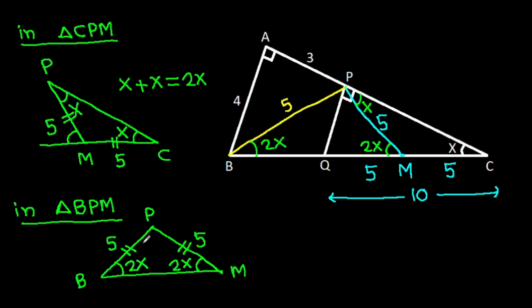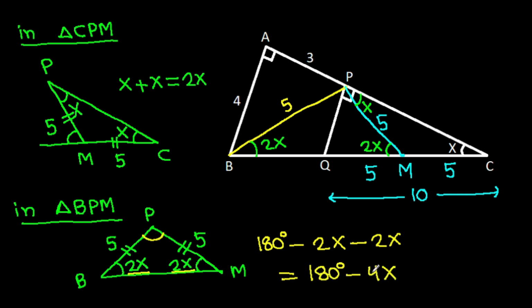Now this angle will be 180 degrees minus 2x minus 2x, that will be 180 degrees minus 4x. This angle is 180 degrees minus 4x.